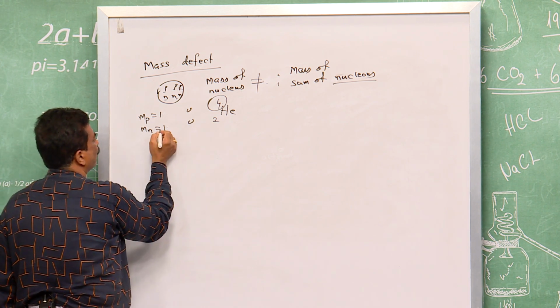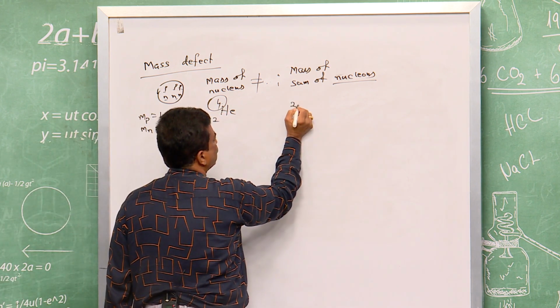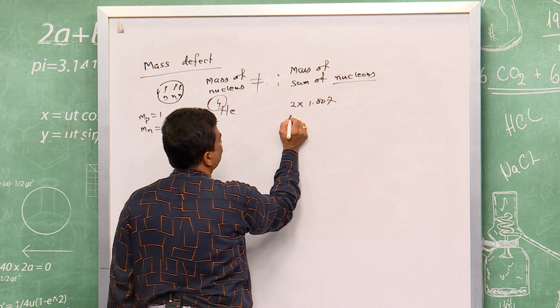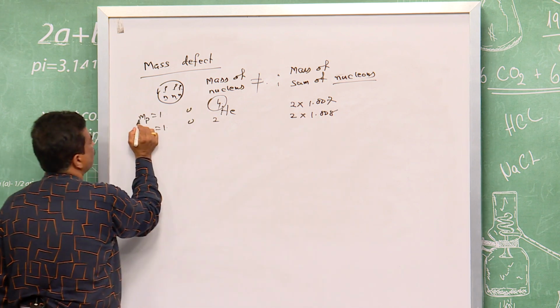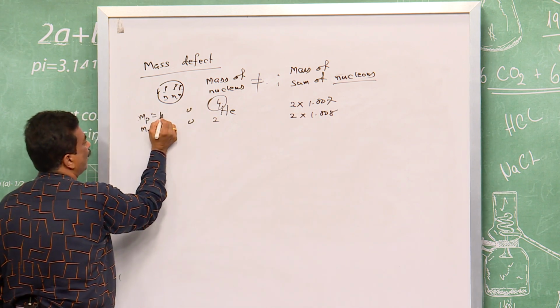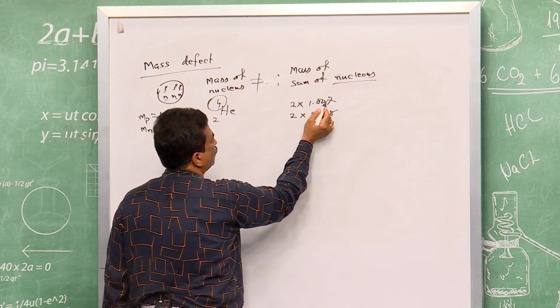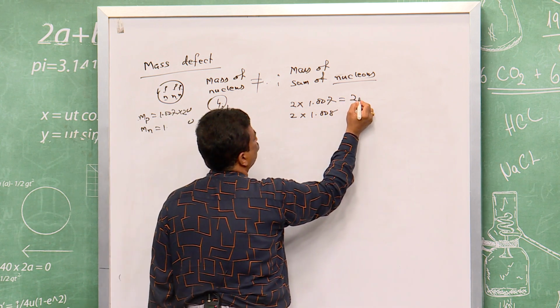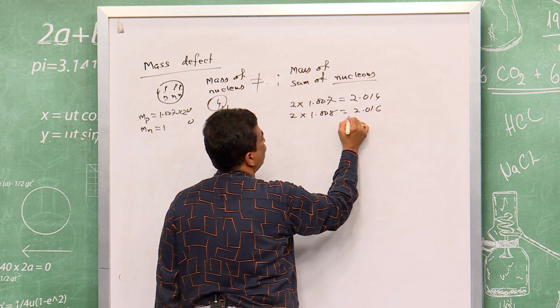Therefore, by taking 2 protons and 2 neutrons, it is 4. But the mass of the protons means 2 into 1.007, and for the neutrons it is 2 into 1.008. Because the proton mass is 1.007 with 2 protons, so 1.007 into 2 equals 2.014, and the neutrons give 2.016.